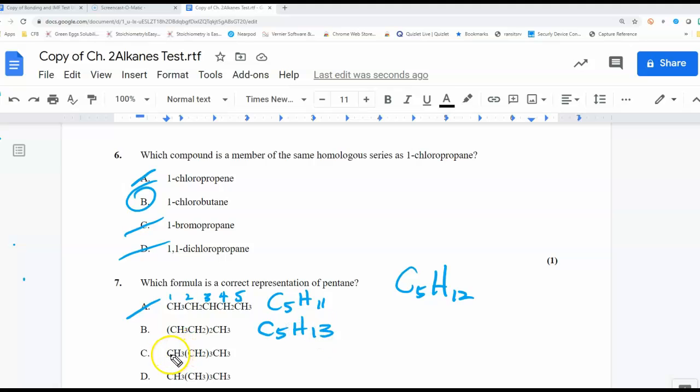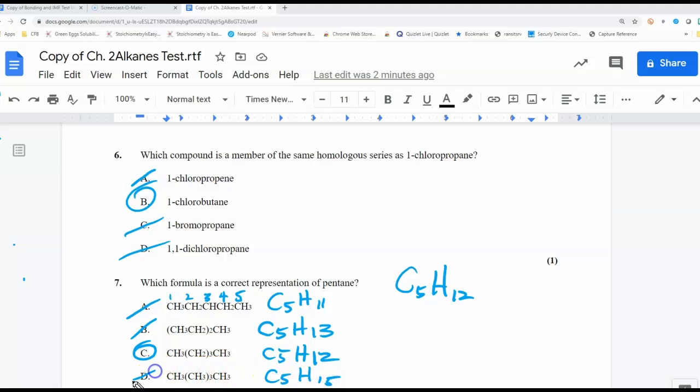And then I have C1, 2, 3, 4, 5, so C5 is correct here, but I have 3 plus 6 plus 3. So I have a total of C5H12. Hey, that's looking good. And then the last one I have 1, 2, 3, 4, 5. So I still have C5, but I have H3 plus 9 gives me 12, 13, 14, 15.